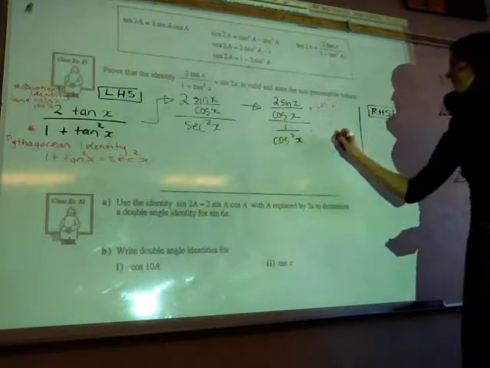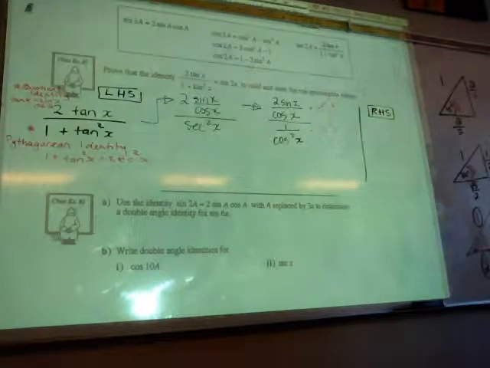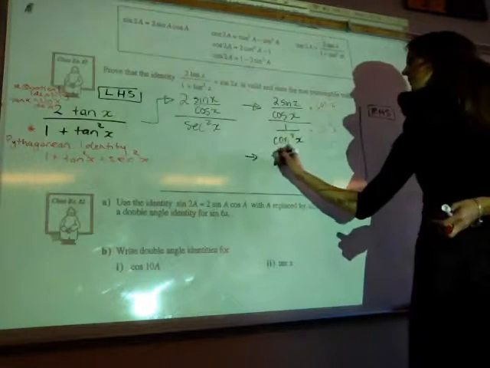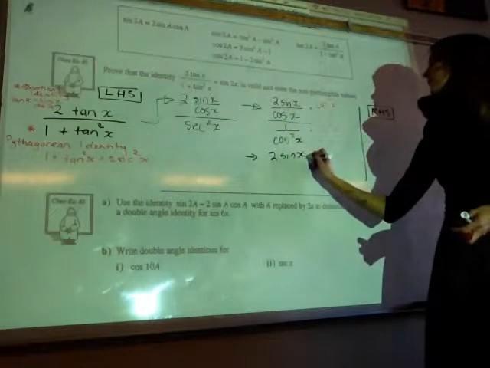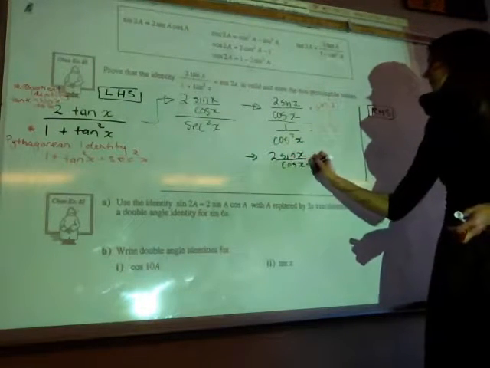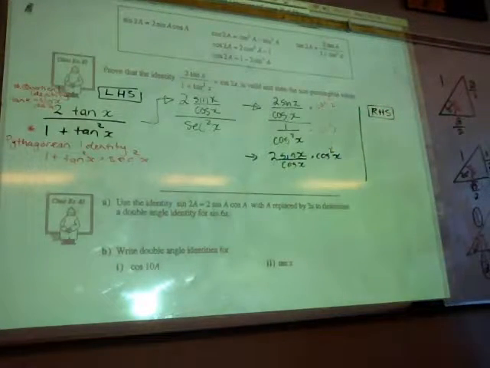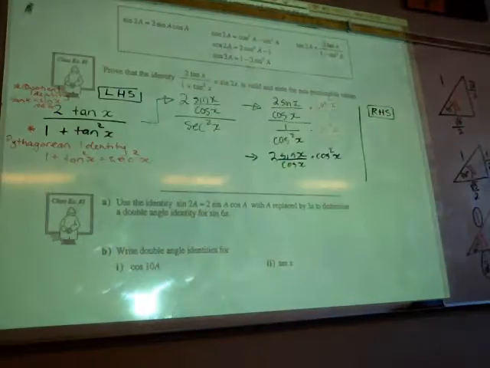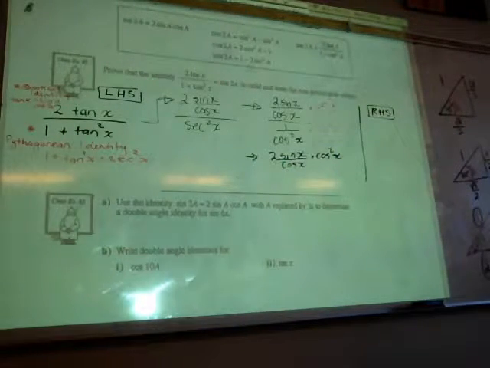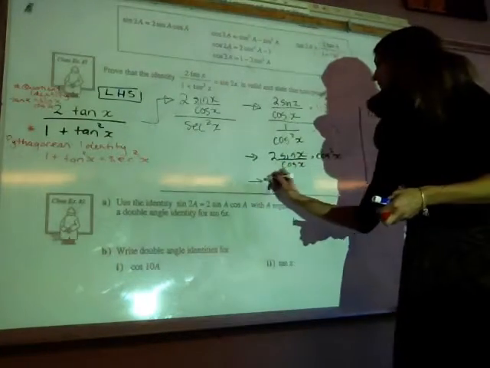Denominator cancels out completely. So we're left with 2 sine x over cosine x multiplied by cosine x squared. Do you guys see anything that could cancel out? Yeah, one of the cosines.